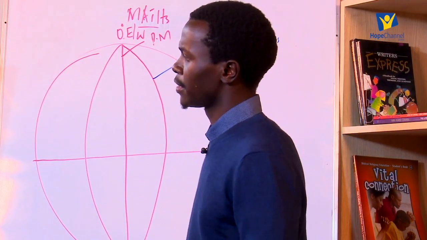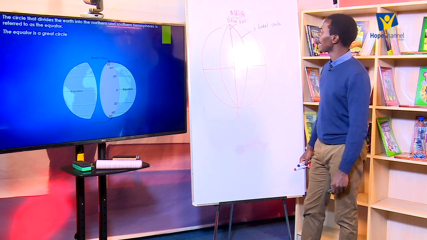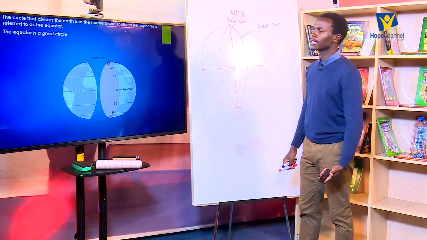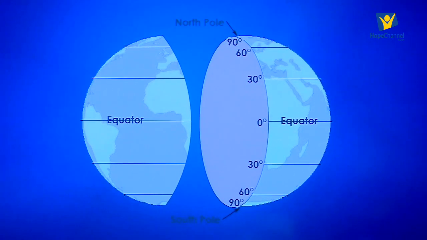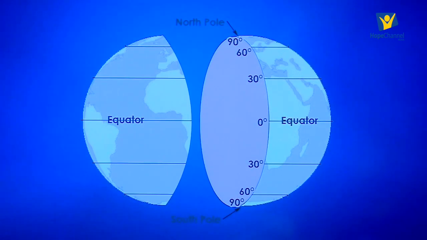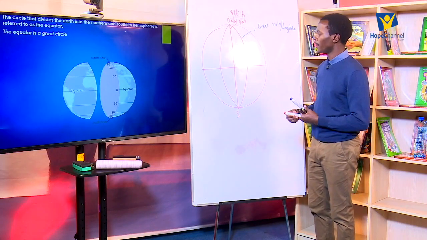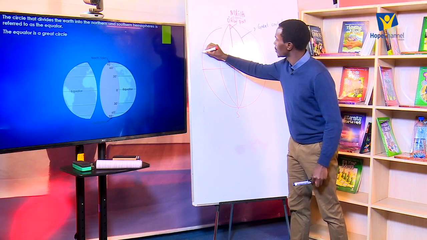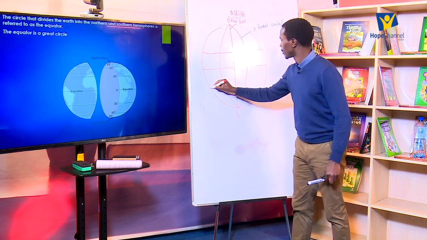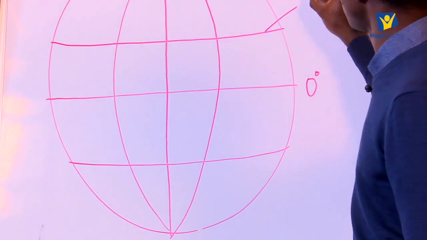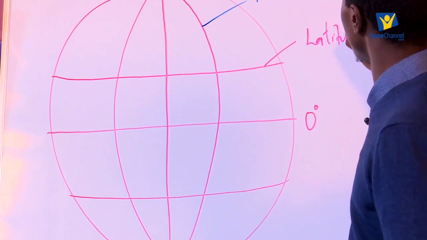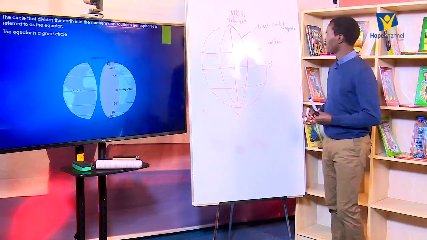On the same note, there are other circles that run from east to west of the Earth's surface. We call them latitudes. These ones are also known as the longitudes. Now those which run from east to west of the Earth's surface, remember we have 0 here, we call them latitudes.